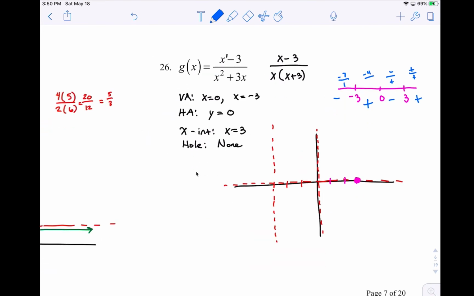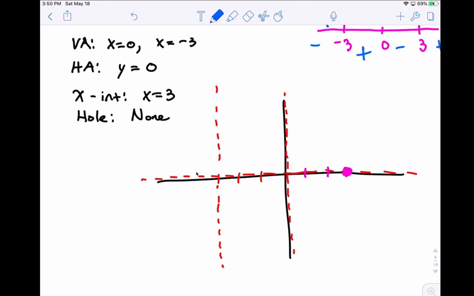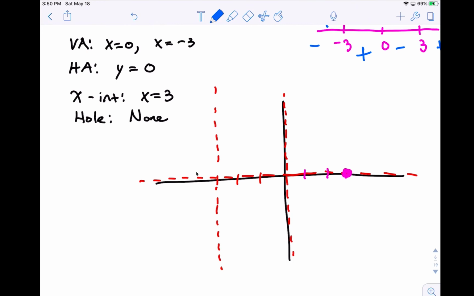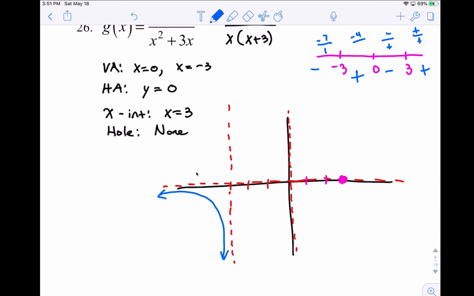Okay, so it says to the left of negative 3, I need to be negative, which will look like that. All right, use your asymptotes to help you. And then between negative 3 and 0, it's positive, so it's going to come down and then go back up.